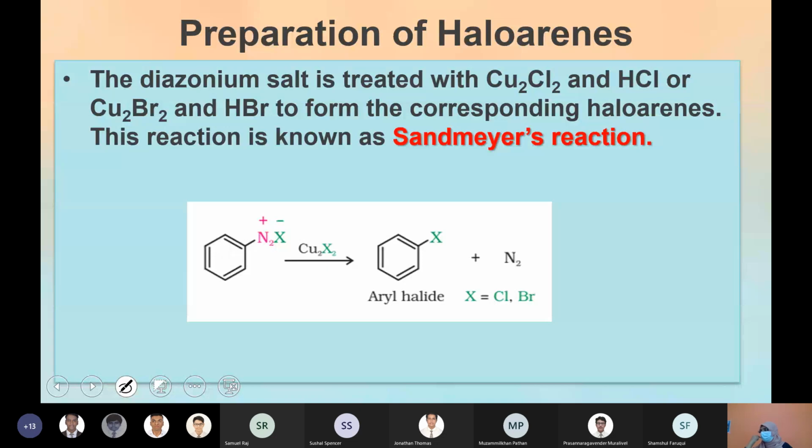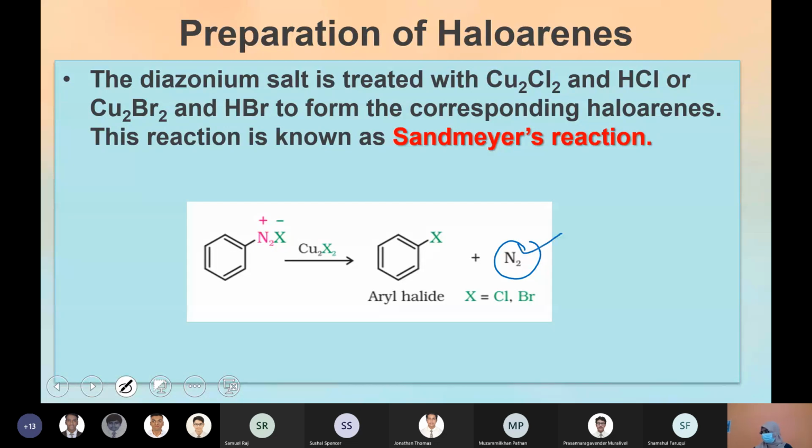Is that clear? What is Sandmeyer's reaction? Very, very important. Because in conversion reactions, in organic conversions, we don't go for the byproducts. We just write the starting main reactant and the major product only.